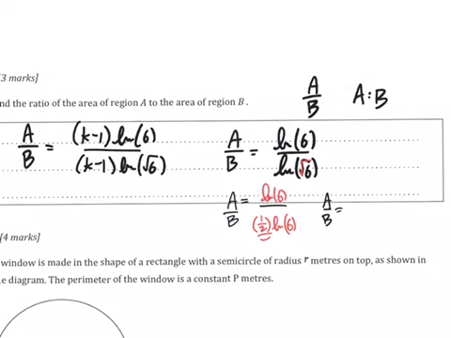What ends up happening is they're hoping that someone gets fooled into thinking the ratio is 1/2. The ratio is not 1/2, it's 1 over, since ln of 6 reduces, 1 over 1/2. So the ratio of A to B is 2 to 1, or could be written as A to B is 2 over 1.